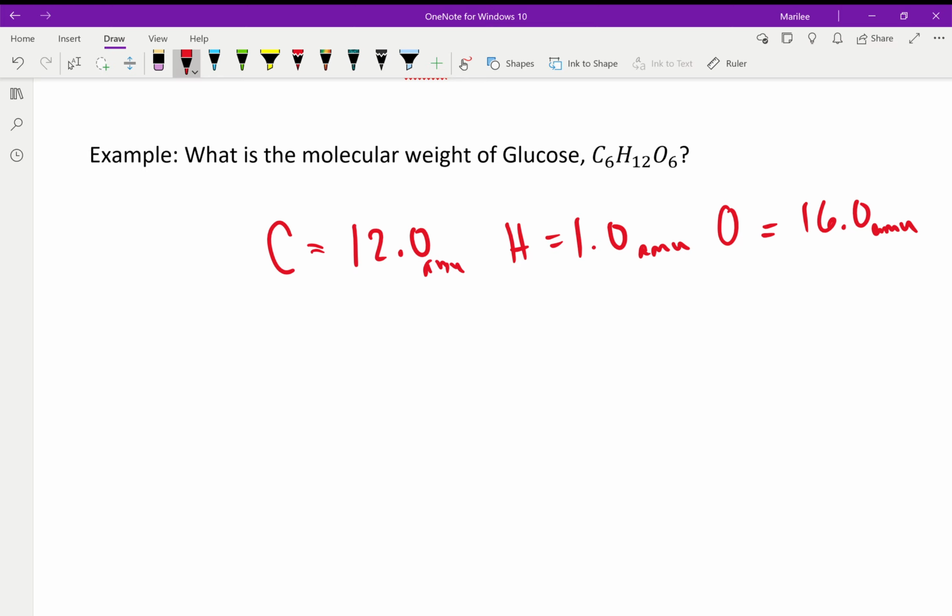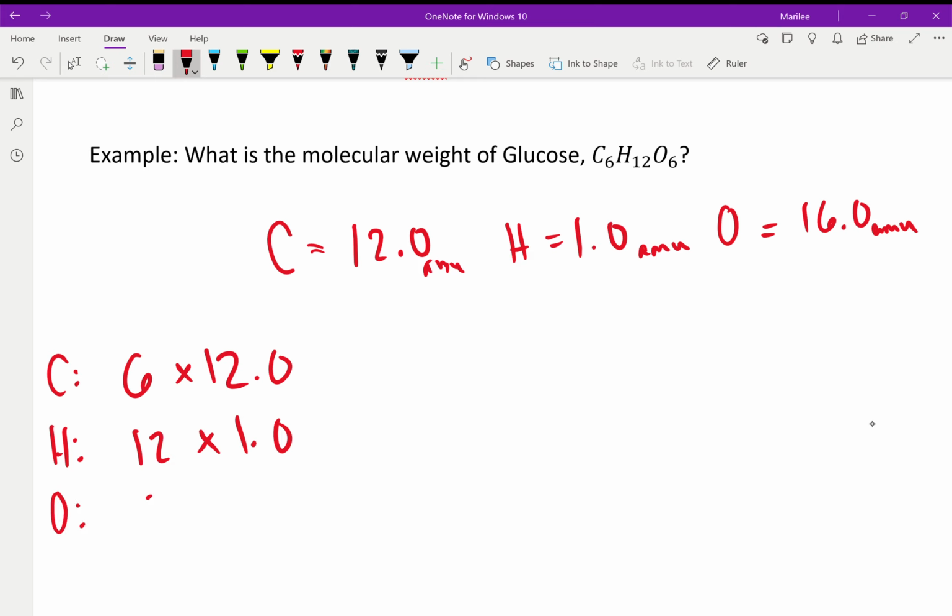So to get the molecular weight, we have to calculate that. So we have 6 carbons, which is 6 times 12, right? Hydrogen, we have 12 hydrogens times 1.0, and for oxygen we have 6 oxygens times 16.0.